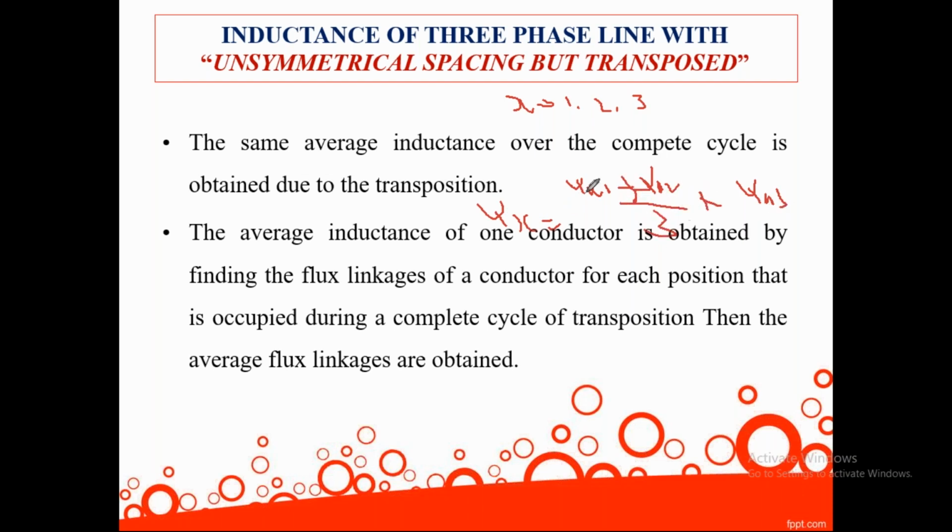Why? Because these conductors are in parallel connection. Similarly, if you want to find the inductance of conductor X, we have to calculate the inductance when X is in the first position, the second position and the third position. After that, we take the average value to find the total inductance and total flux linkage of a particular conductor.